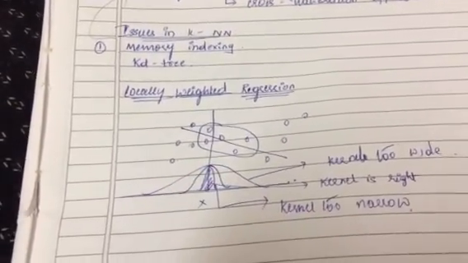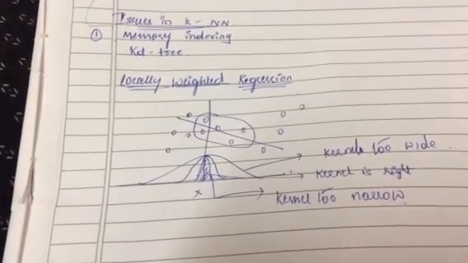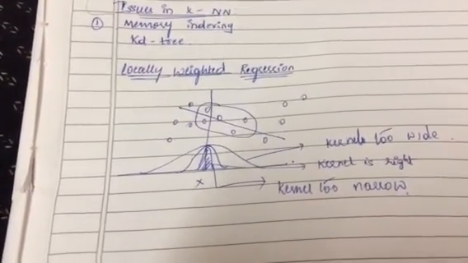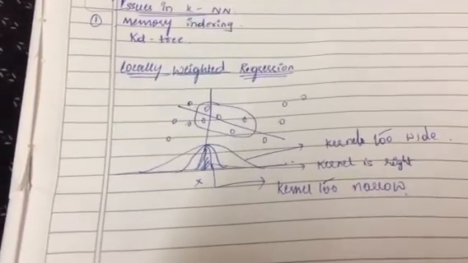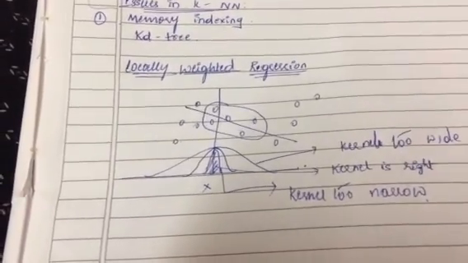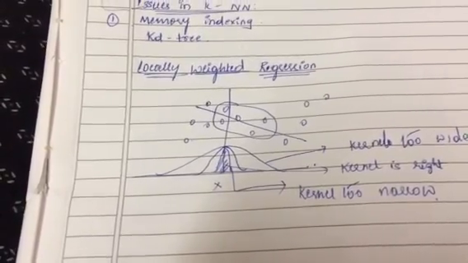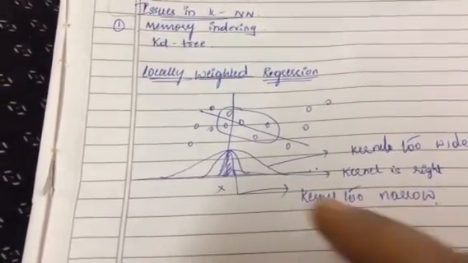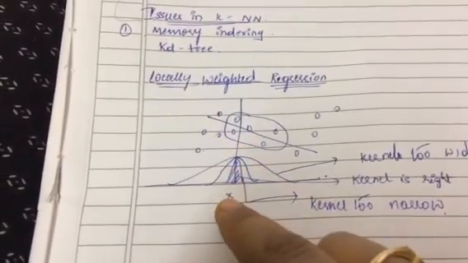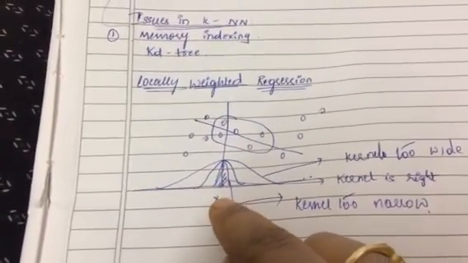The kernel always helps us find the perfect weight and smooth out the target, or smooth out the point of interest. The point of interest here is considered as X, which is the query point.